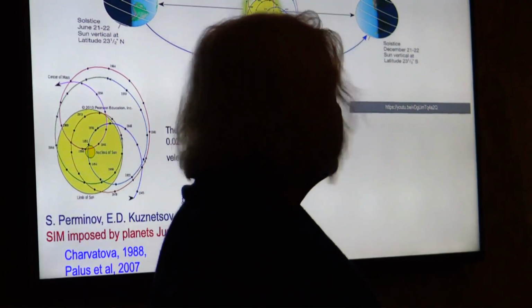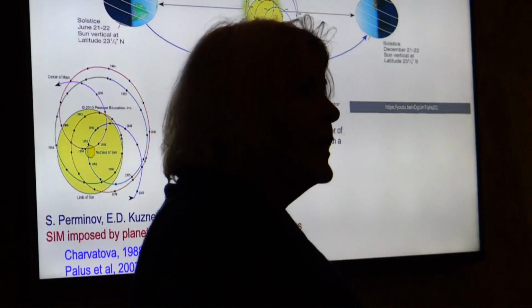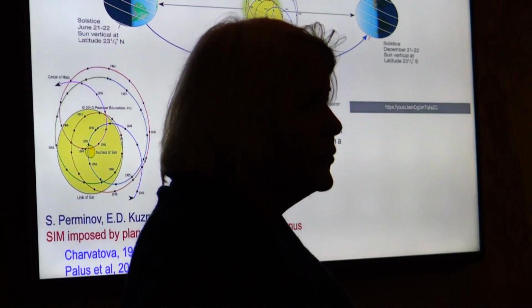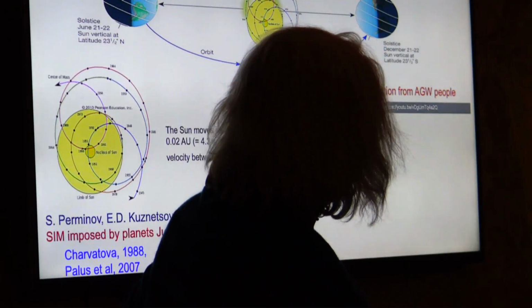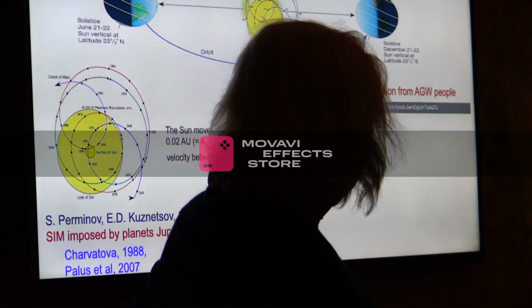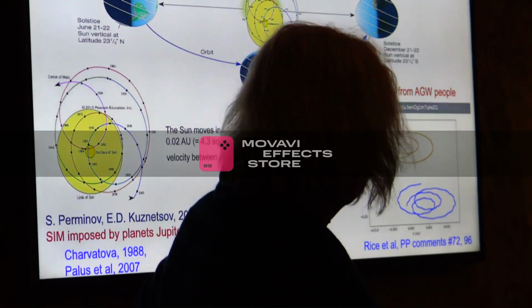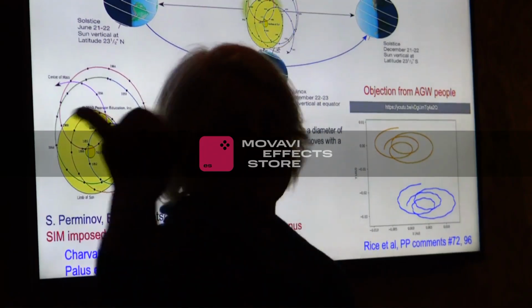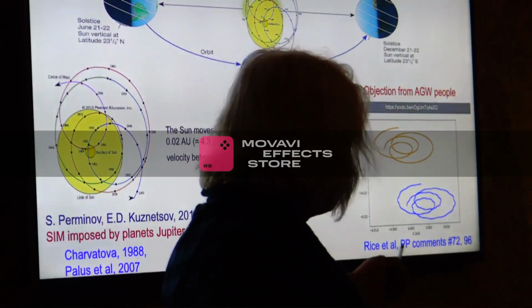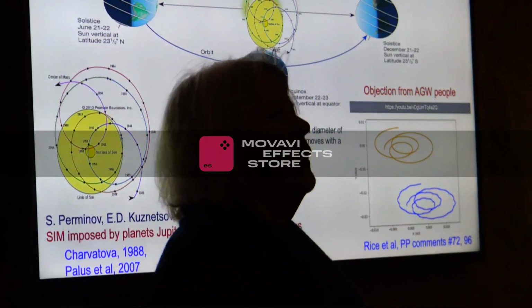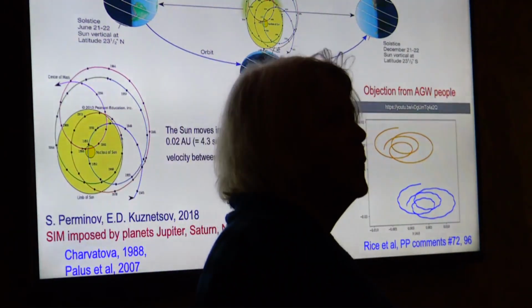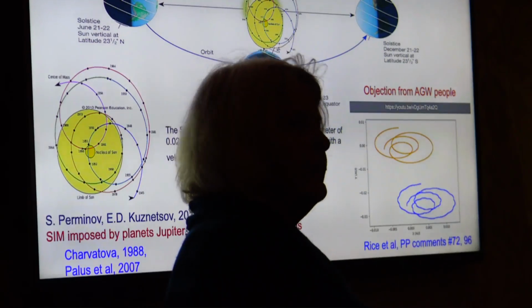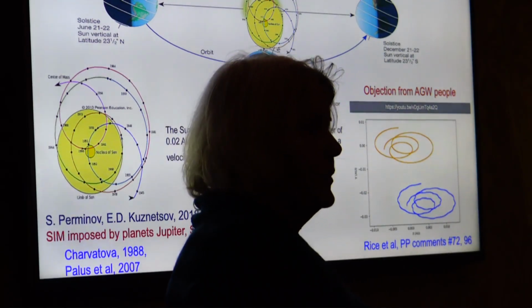This is what is happening now. This is why we had a very warm April, May, June, and not less. And there are the AGW people, Ken Rice specifically, from Edinburgh University, here near you. He said no, all planets rotate about the barycenter, but the Earth follows the sun with this solar inertial motion.